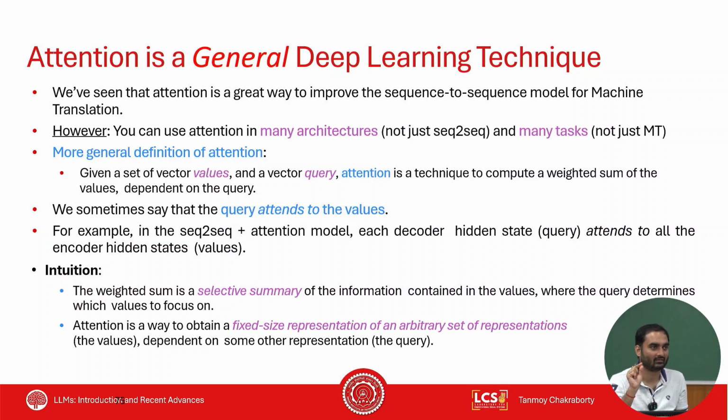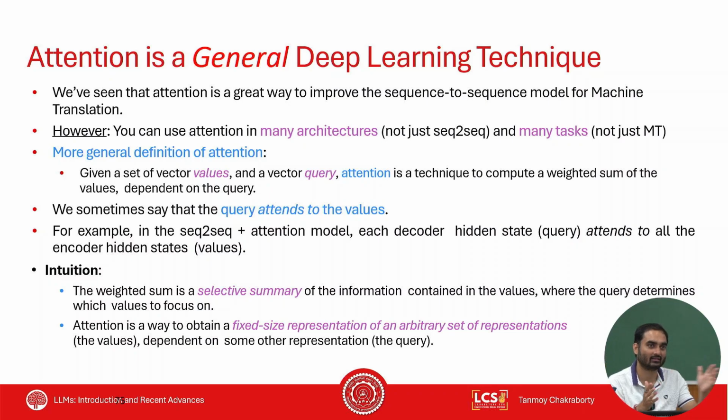For every decoder hidden state, you generated one attention vector, right? So attention vector can also be thought of as the summary of all the value vectors.